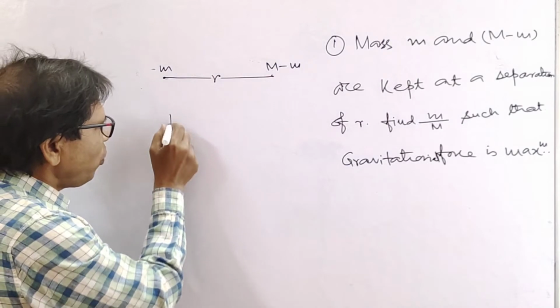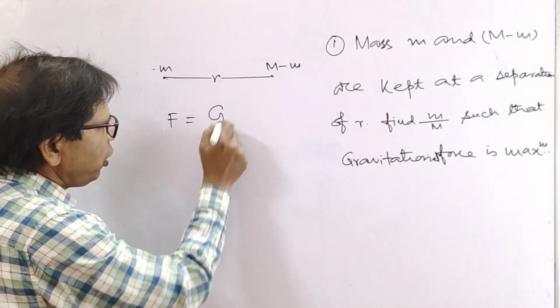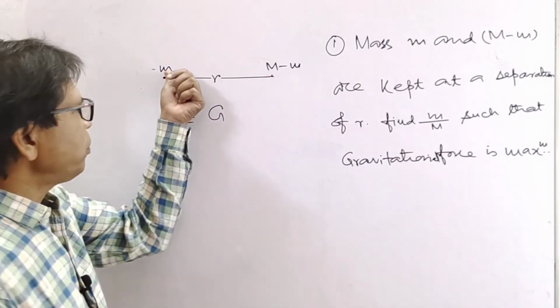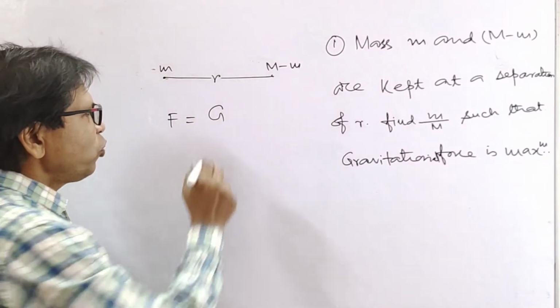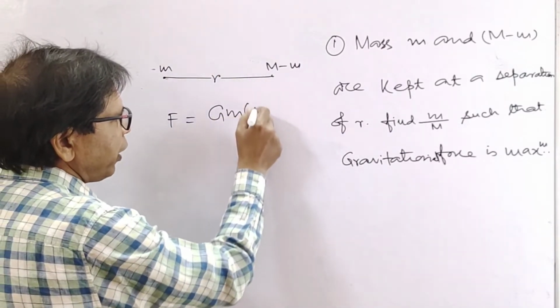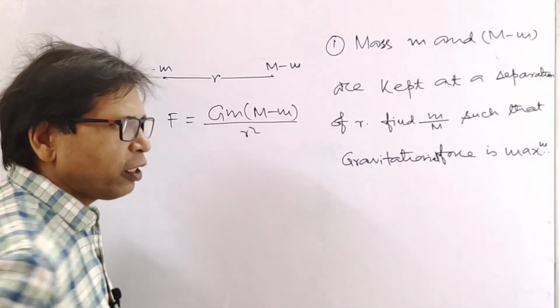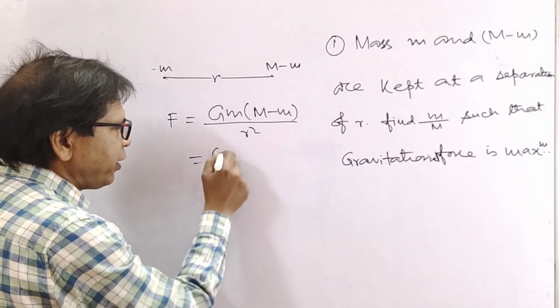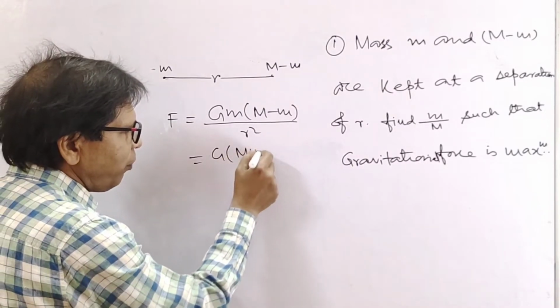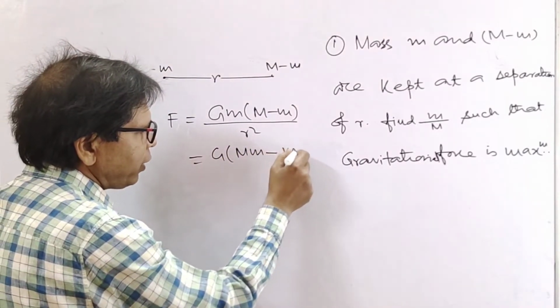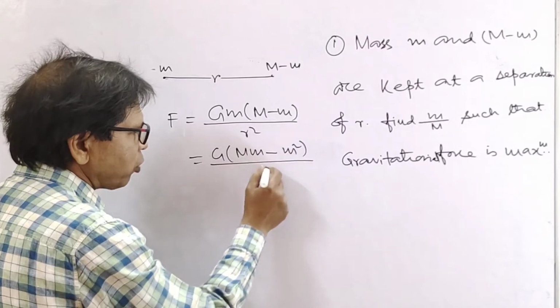So the gravitational force of attraction F equals G, product of this mass and this mass, so G m into (M minus m) divided by r square. So this is G M m minus m square divided by r square.